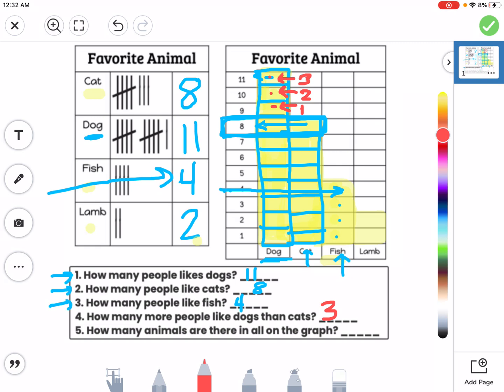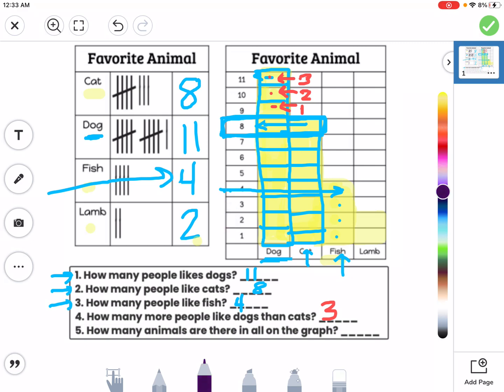Okay? That one's hard. And it's okay if you have trouble with it, because Mrs. Hensley understands that. That one is a very hard one. Okay, number 5. How many animals are there in all on the graph? Oh, we have to count all the animals. So let's do a different color.